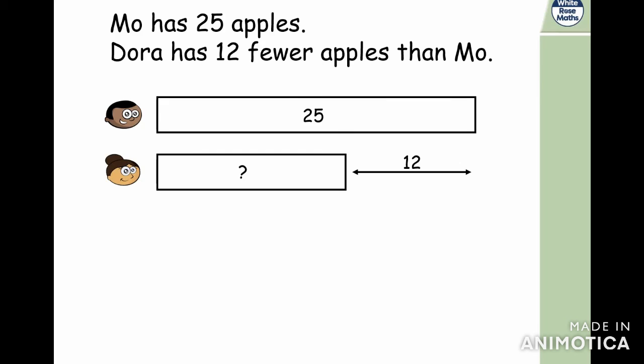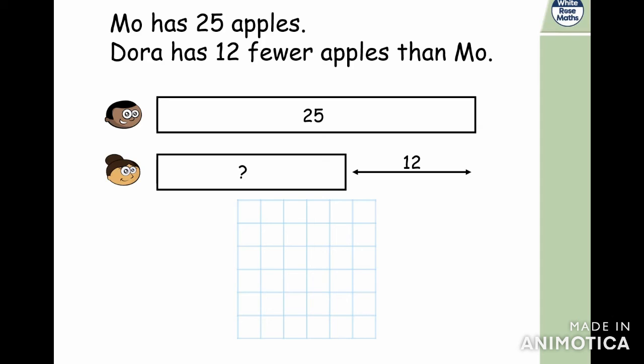I can't draw a bar there because the bars represent apples. Mo has 25, we're not sure how many Dora has. The 12 shows that Dora has 12 fewer apples than Mo. But there aren't any apples there, are there?